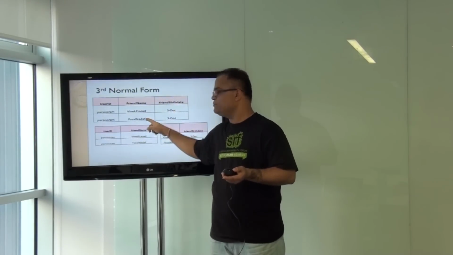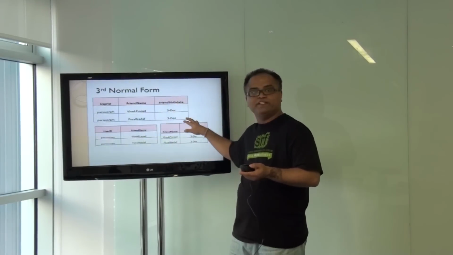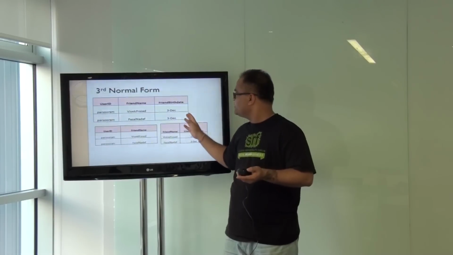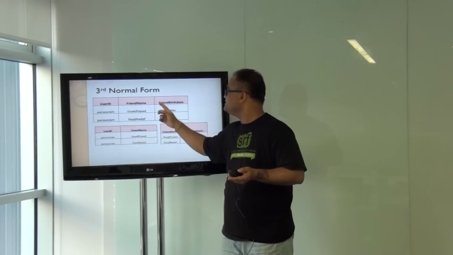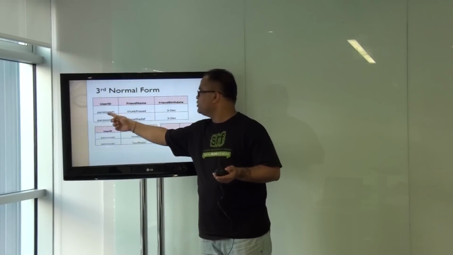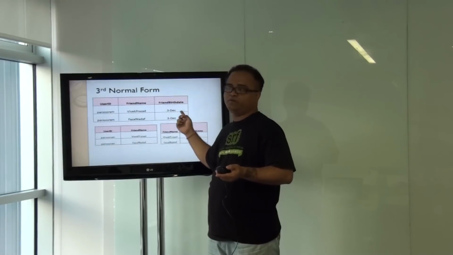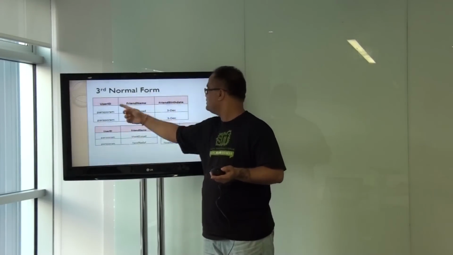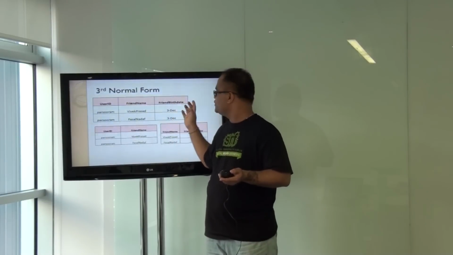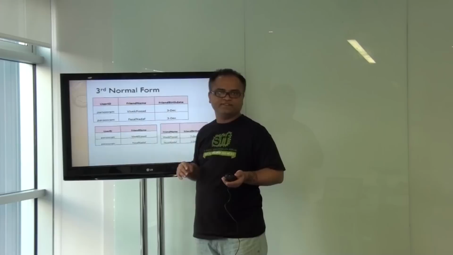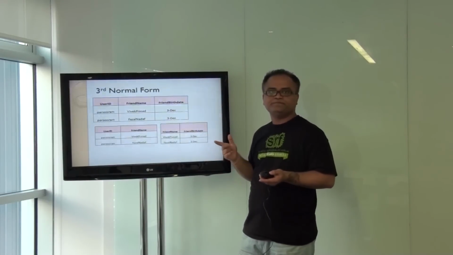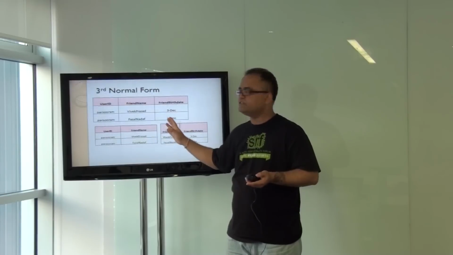If I add some other person here, the birthday may be different. But the view presented here is that Vivek Prasad is a friend of mine and all my friends' birthdays are 3rd December. So it looks like this 3rd December is dependent on this, which is creating confusion. So we should remove this confusion.